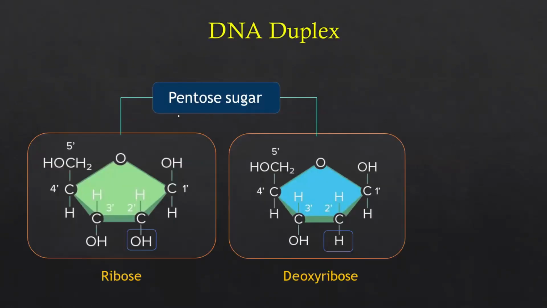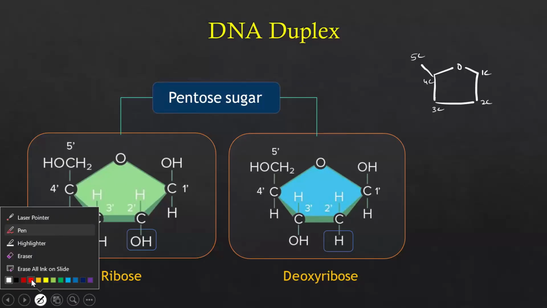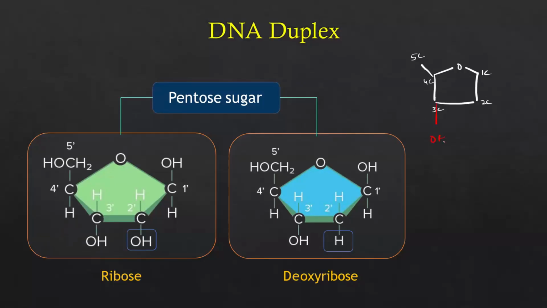So let's see more about this pentose sugar. If you see here, this pentose sugar is made up of 5 carbons. This is the first carbon, second, third, fourth, and the fifth carbon. Let's focus on the second and third carbon. The third carbon always contains the OH group, whether in DNA or RNA. You can see here OH, OH. But if it contains OH also on the second carbon, we call it ribose sugar.